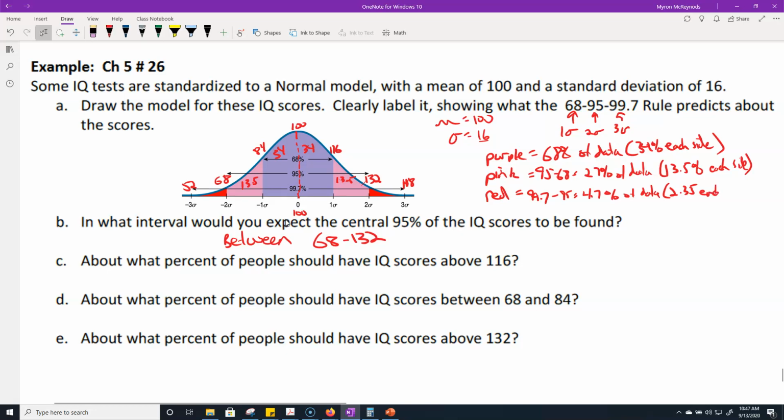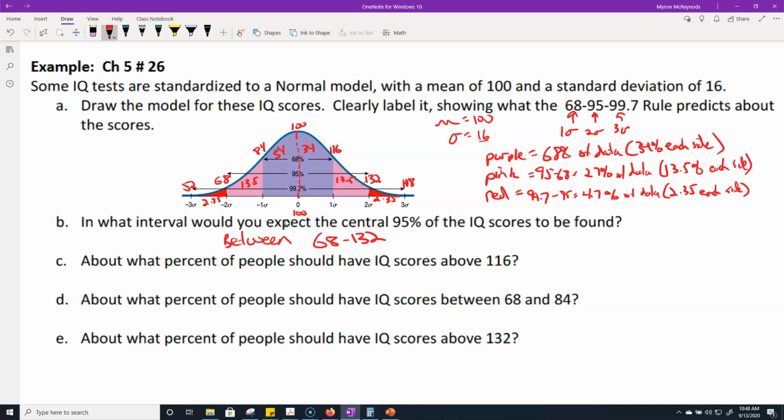So I just take it and divide by 2. So 2.35 here, and 2.35 here. So 99.7% of data is from this 148 to 52.